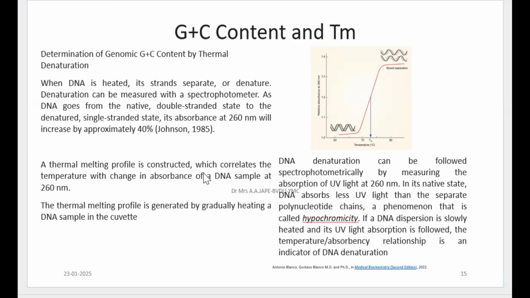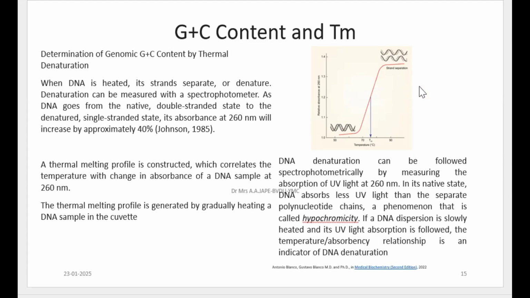The absorbance values will start rising after a particular point in an exponential way, and at a point it will stop increasing, and it will be a plateau. That is telling you that both the strands are now completely separated. So if you plot the graph of temperature against the absorbance values, you will get this kind of a plot, which has an initial lag, then an exponential increase, and then no increase anymore.